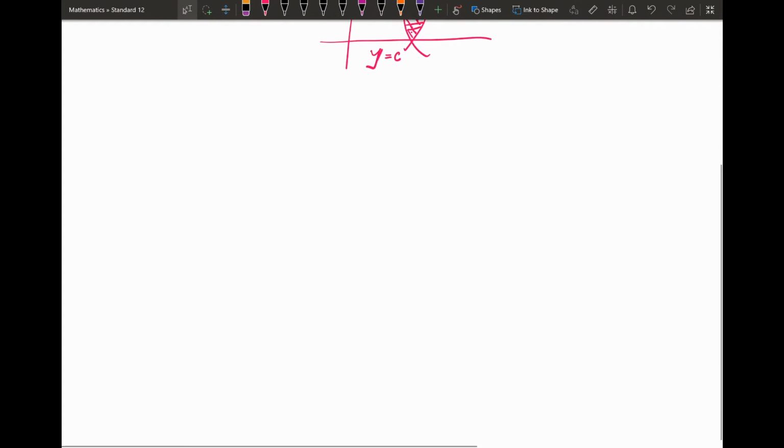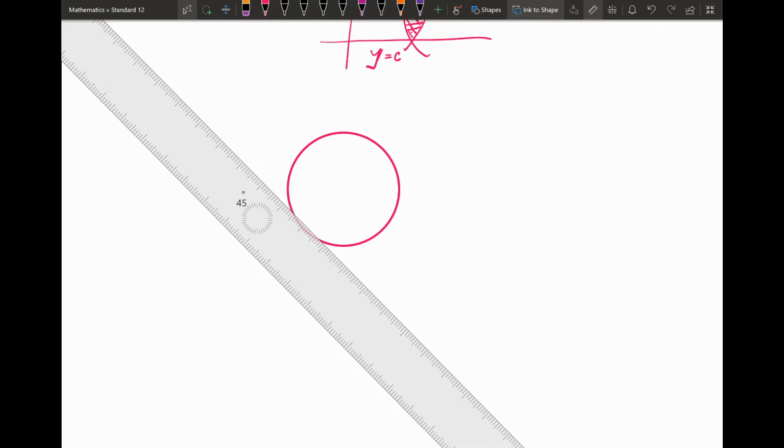x square plus y square equal to 4, that is a circle.